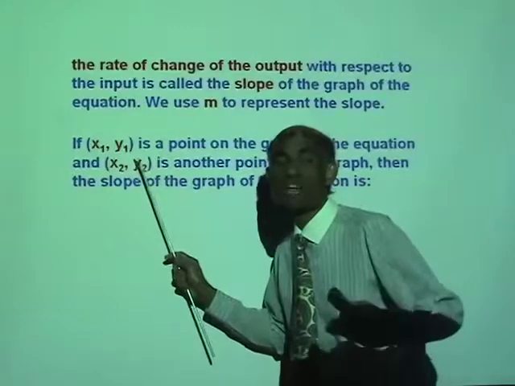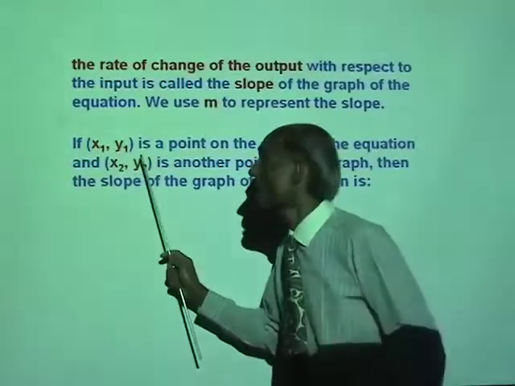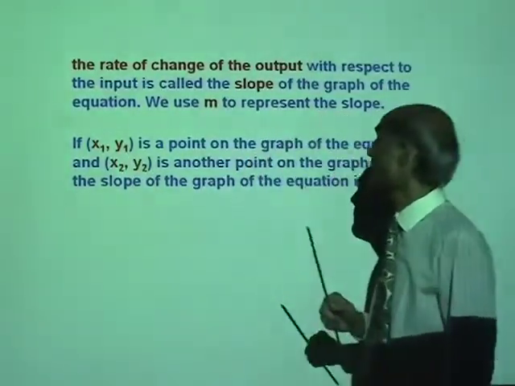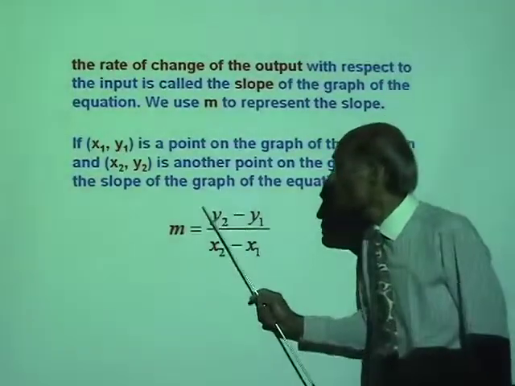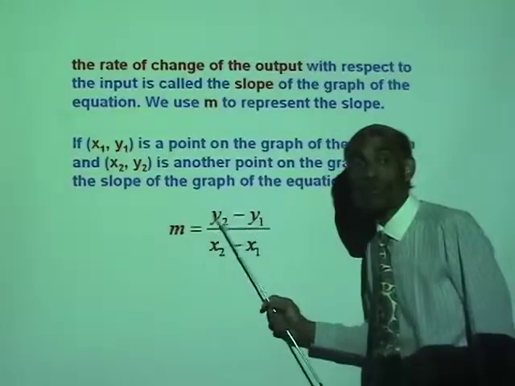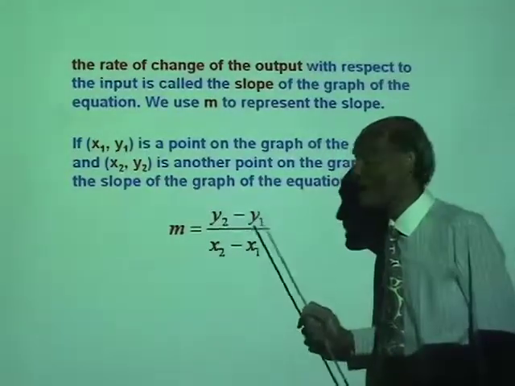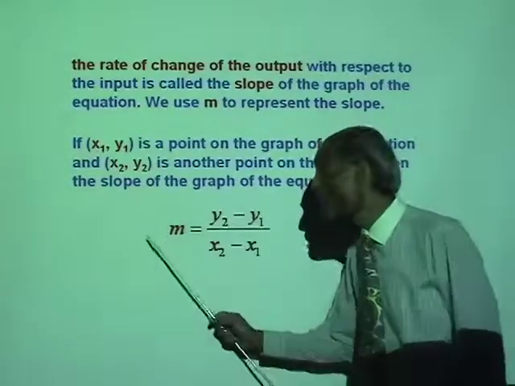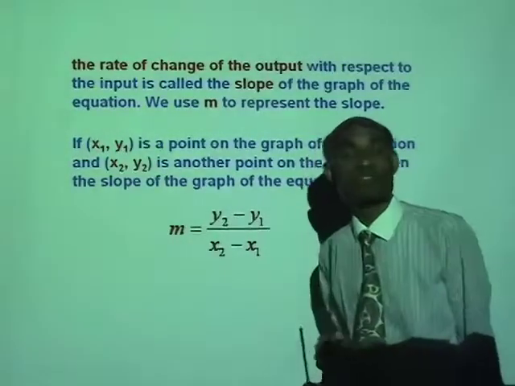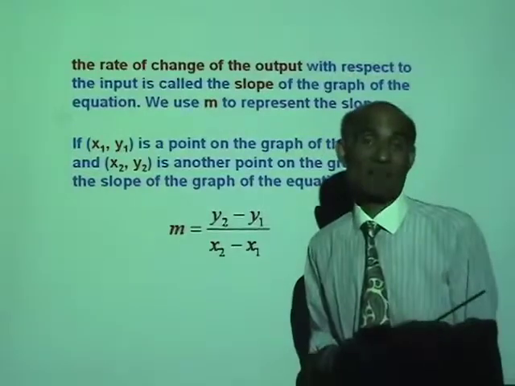What is the change in the value of y? y2 minus y1. Then what is the slope? Slope is change in the value of y, y2 minus y1 divided by x2 minus x1. This is the basic definition of slope in mathematics.